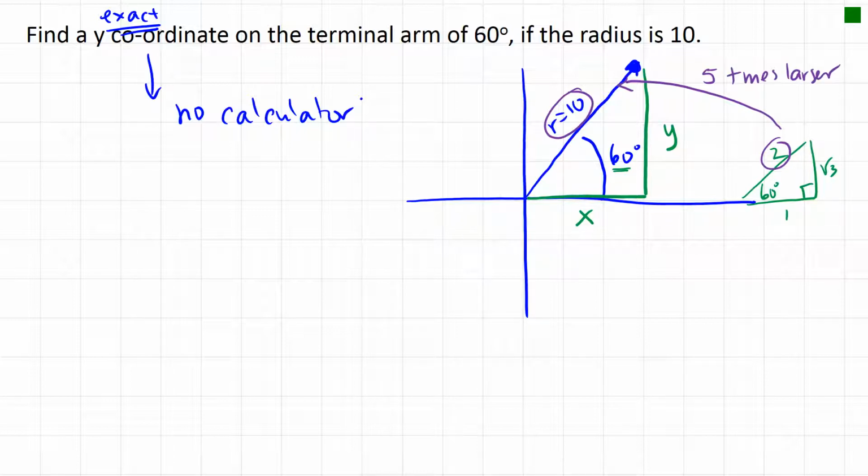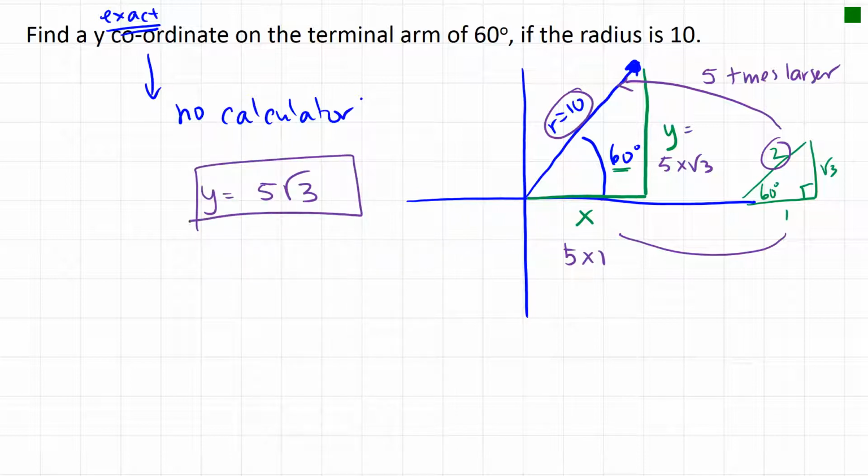They're similar triangles, and similar means they have all the same angles. So if the hypotenuse is 5 times larger, so are the other sides. So that means this has got to be 5 times 1, and the y value has got to be 5 times root 3. So what is the y-coordinate? The y-coordinate is 5 root 3 for this problem.